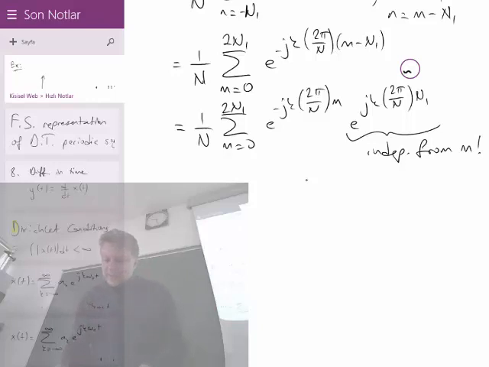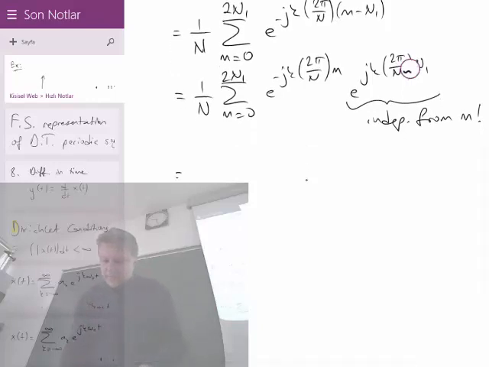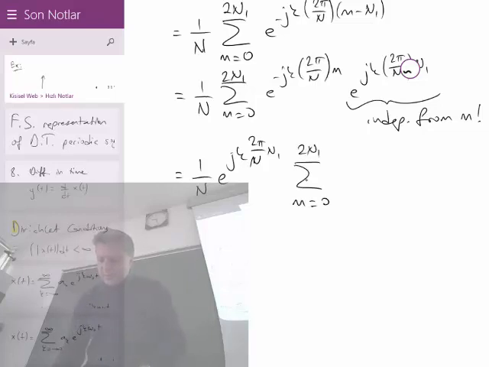So it's out of the summation: 1 over n e to the jk 2 pi over capital N n1. And then we have the summation m from 0 to 2n1 e to the minus jk 2 pi over capital N m. Now this summation is something that we are sort of familiar with.